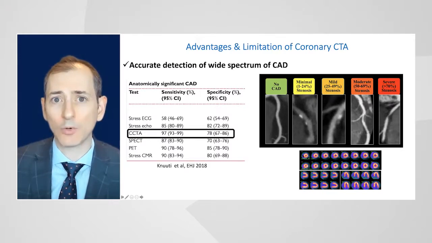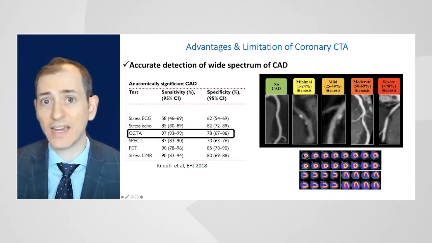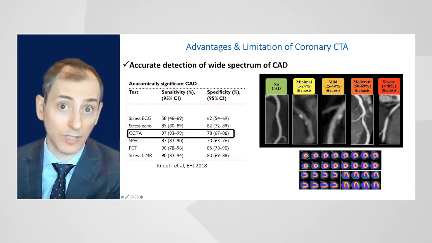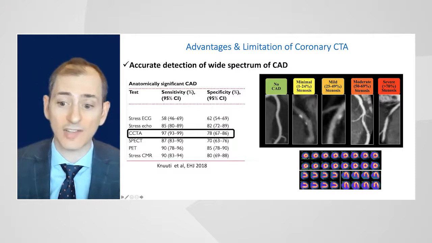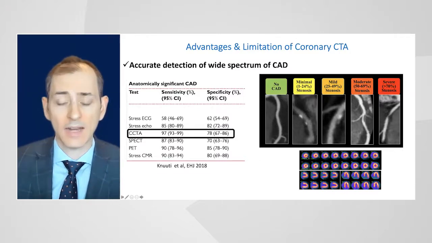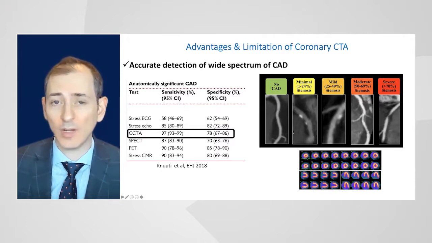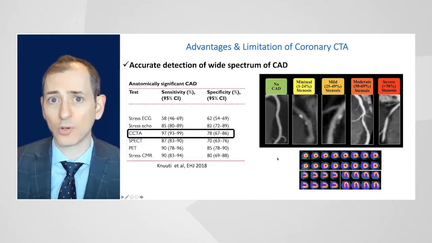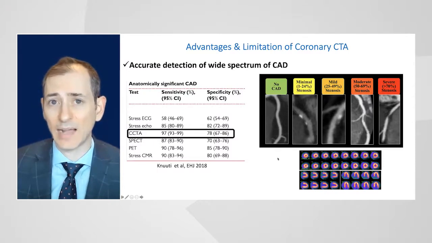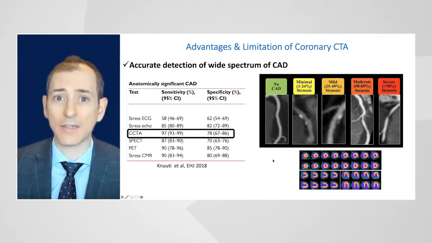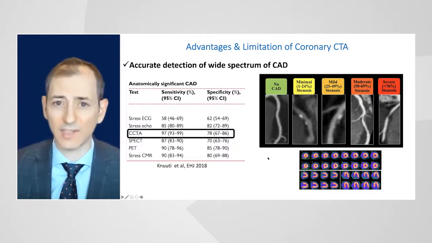And that plaque would never be identified if they underwent any other type of stress testing. In fact, if we did a stress test, such as a nuclear stress test, it would be completely normal. And it's not that these stress tests are wrong, it's just that they are designed to detect flow-limiting disease. And this is really one of the important advantages of coronary CTA, is identifying plaque that we never would detect by any other technique, unless, of course, we did invasive imaging.